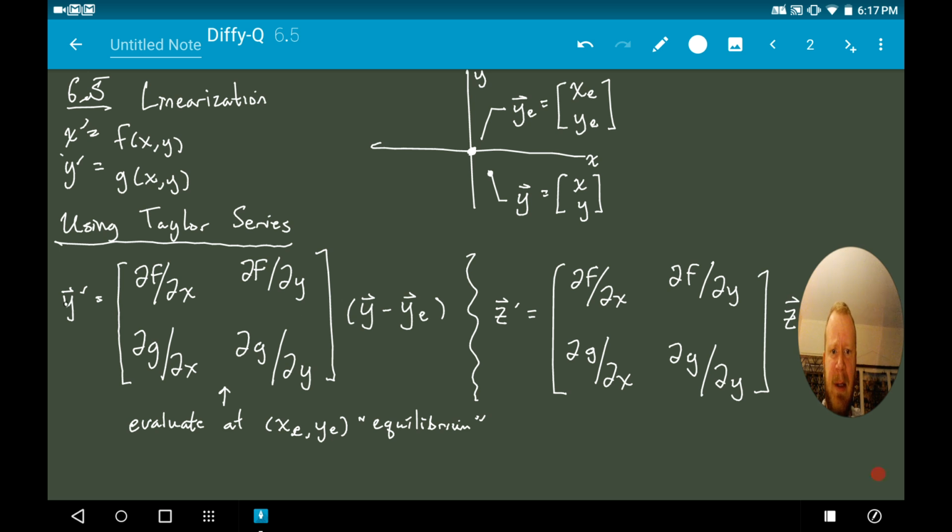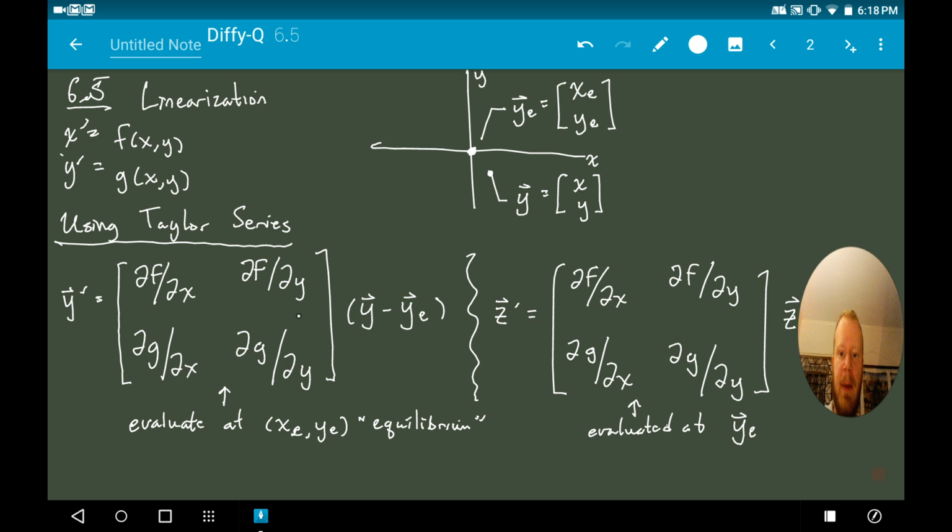I'm just replacing this with z, replacing this with z prime. But this is still evaluated at the equilibrium position. So this is the formula. Either of these forms are fine. Probably this one would be better to memorize.